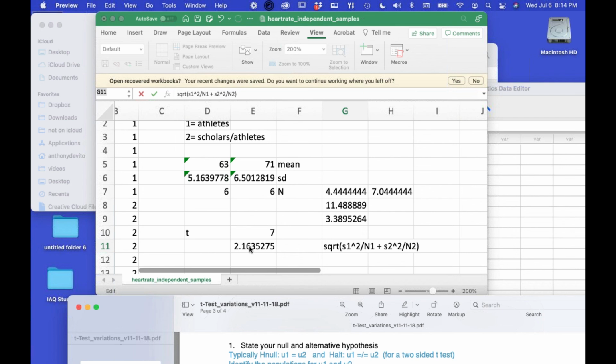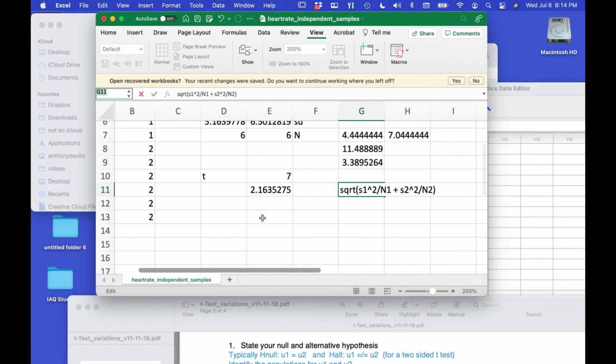In fact, if I could show you here, equals T.DIST.2T, parentheses, and if I put in the t-score, 2.16, comma, degrees of freedom.